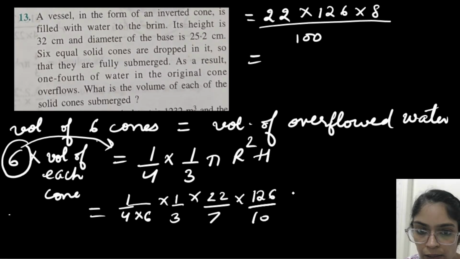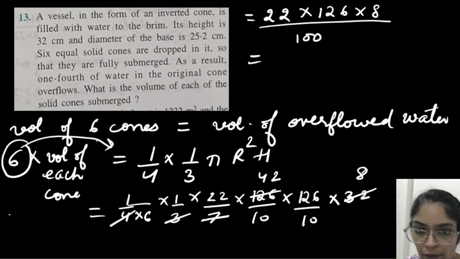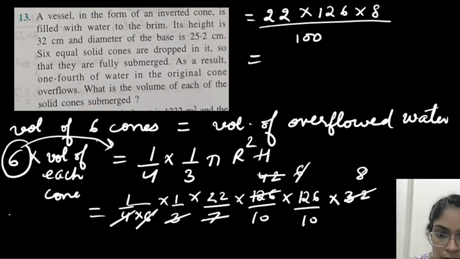So let's do cancellation now. 4 into 8 is 32. Then 3 into 42 is 7 into 6. This 6 and 6 will get cancelled. So we are left with 22 into 126 into 8/100. Yes, Praveen has given the answer, even Monish has given the answer.